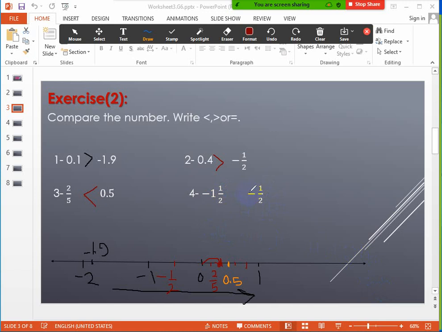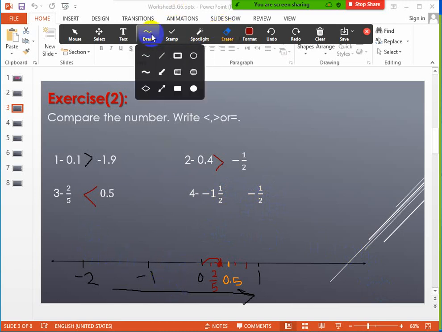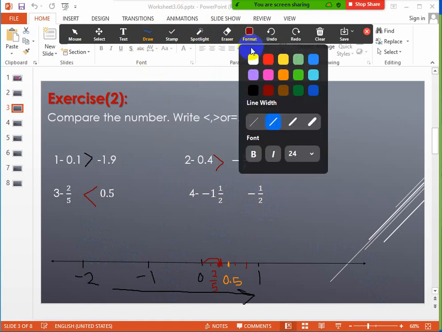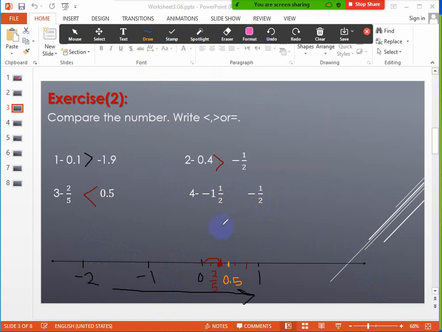Look, I have two numbers. One number is a mixed number, the second one is a fraction. What about negative 1 and 1 over 2? This is negative 1, and 1 over 2, that means it will be between which two numbers?